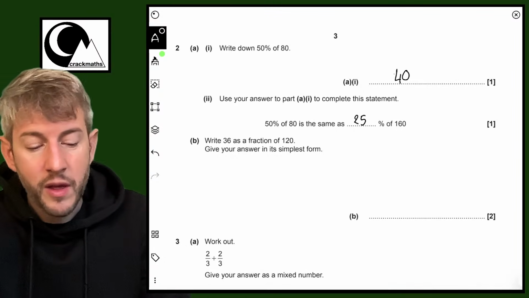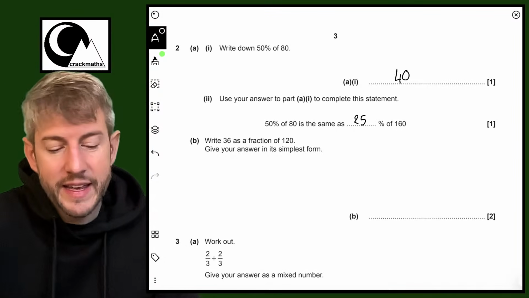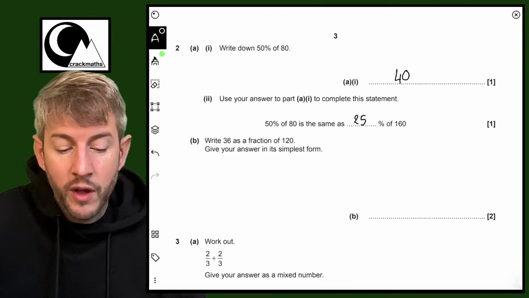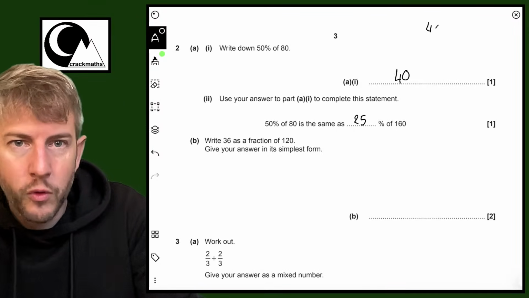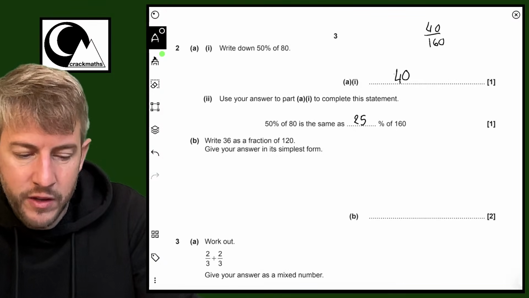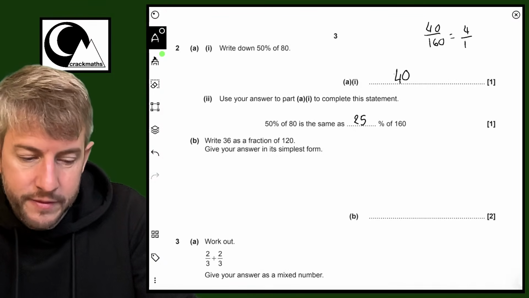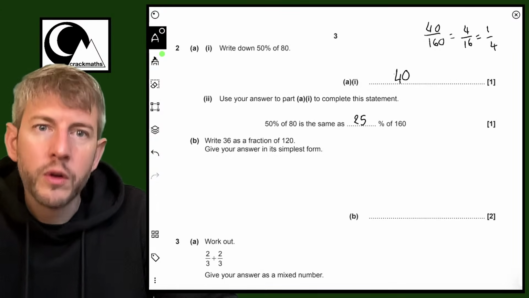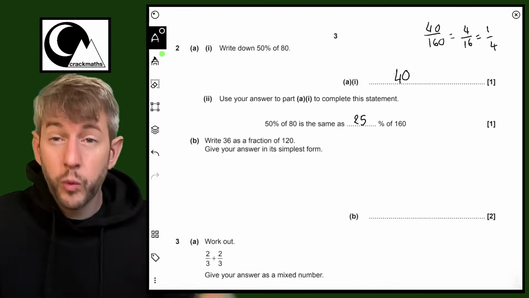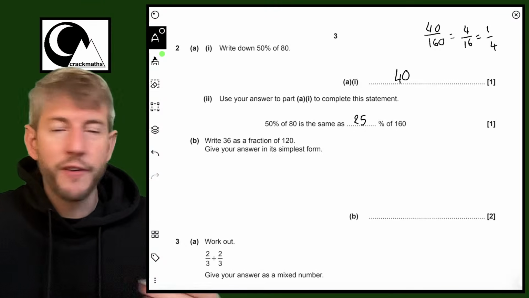Because what we've got here is 40. We're looking at 40 out of 160, which is 4 out of 16, which is equal to 1 over 4, which is a quarter. And a quarter as a percentage is 25%.